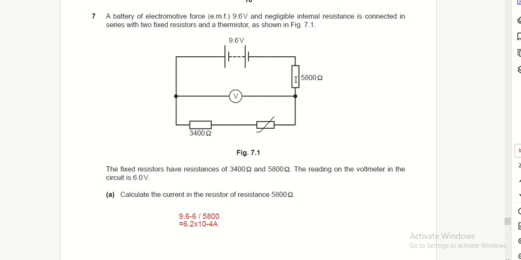How can we get the voltage across? The voltage of the battery is divided over these three resistors. Two of them have 6 volts, which is the reading of the voltmeter. So the remainder from 9.6 is 3.6 volt on this resistor.